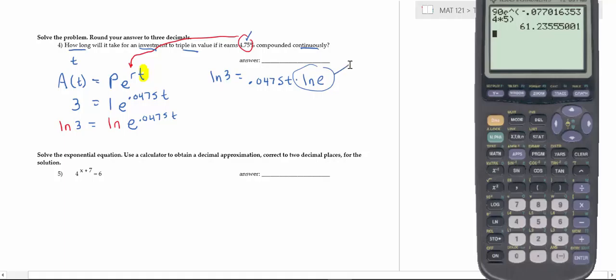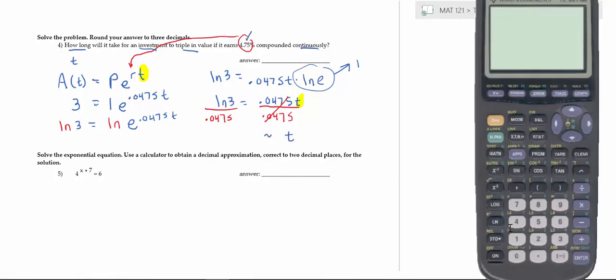Remember ln of e is 1. So you've got ln of 3 is 0.0475t. And then if you want to solve for t, you just need to divide both sides by that quantity, 0.0475, like that. And then we're solved for t, so we can use our calculator to get that final answer.